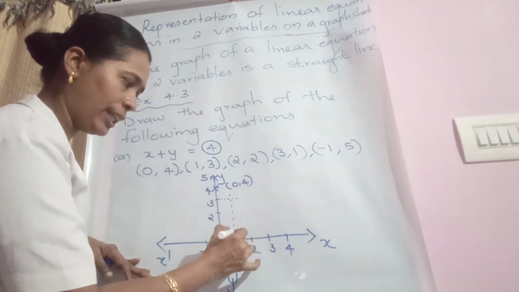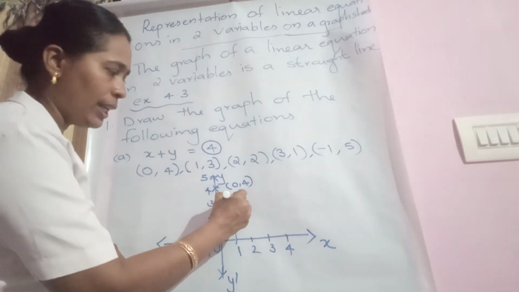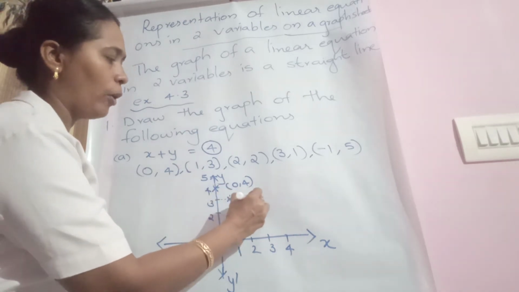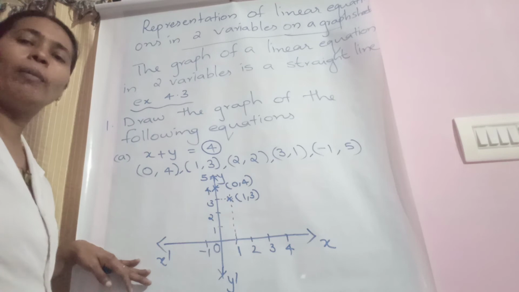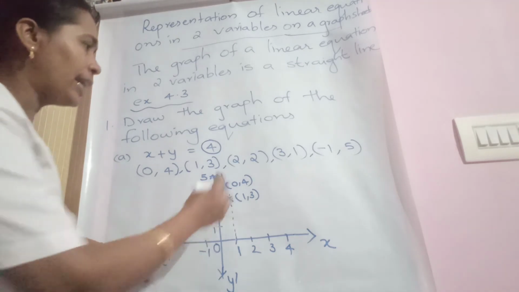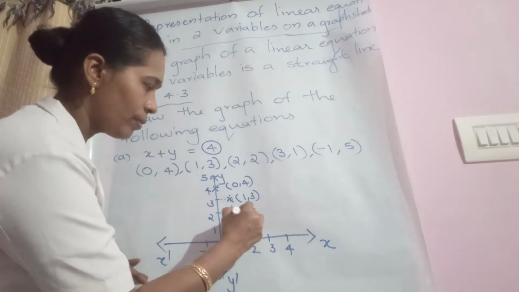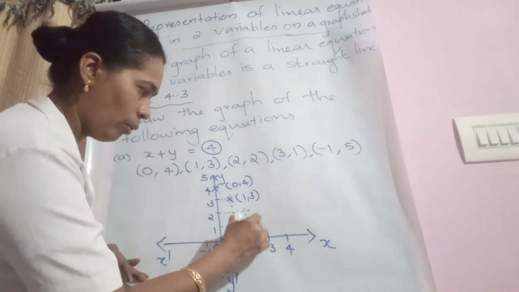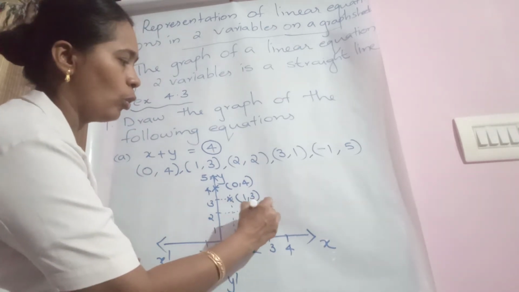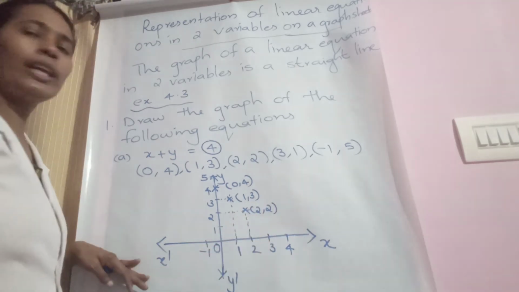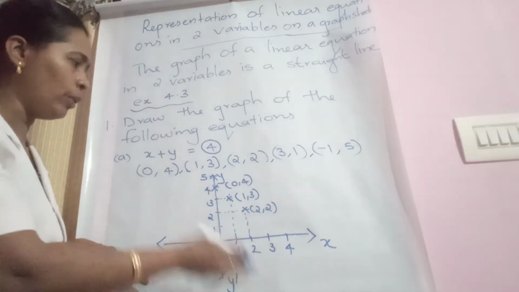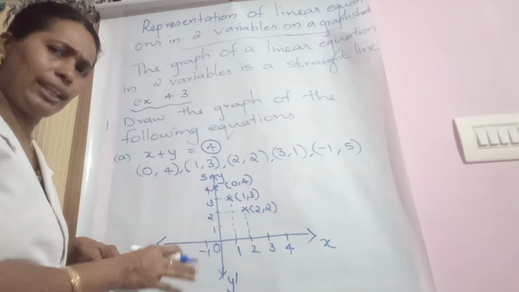Actually in graph sheet it is not allowed. The meeting point is called our point or coordinate 1, 3. Next one, 2, 2. Similarly teacher is drawing with dotted lines. x 2, y 2. Then 3, comma 1. Like that you can continue. This much is enough for teacher.